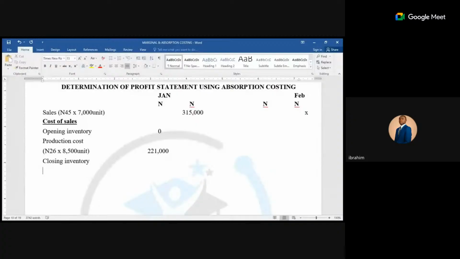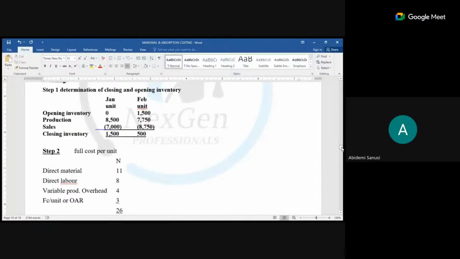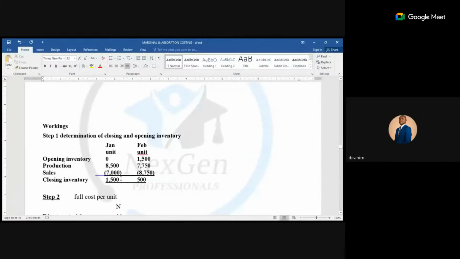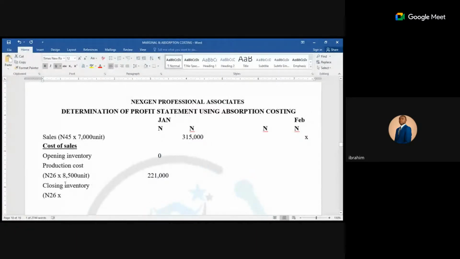So we'll value the closing inventory using the full cost. The full cost per unit is 26 naira per unit times the closing inventory. We've done that in our previous lecture to determine the opening and closing inventory. 1,500 units as the closing inventory.